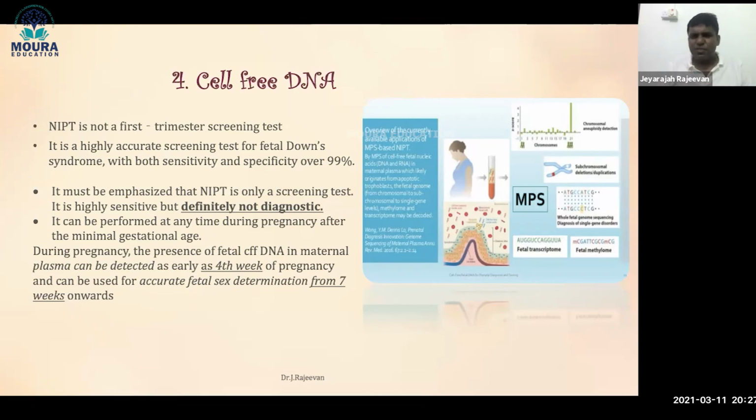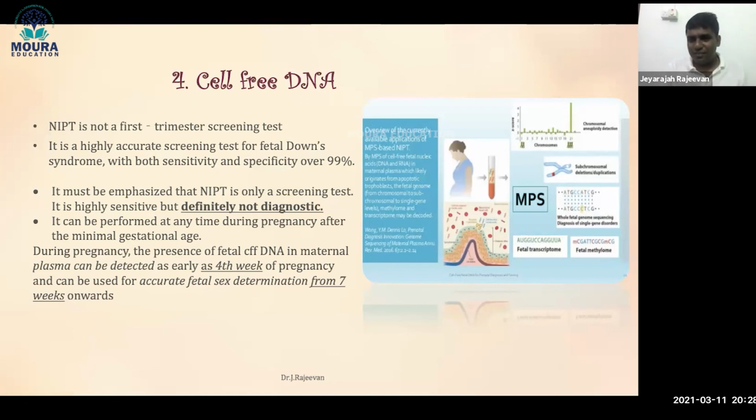But there is a small problem. Due to some reason, the detection rate of cell-free DNA for Down syndrome is 99%, not 100%. If you want to diagnose a disease, that should be 100%.